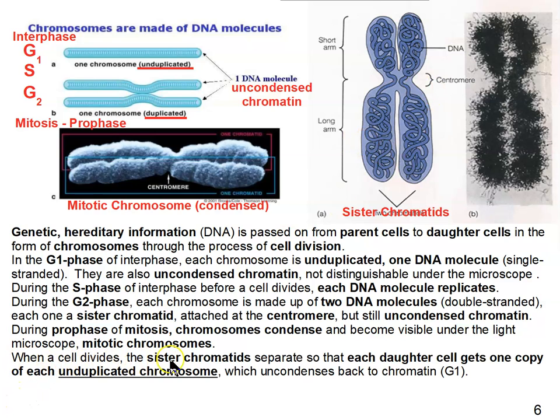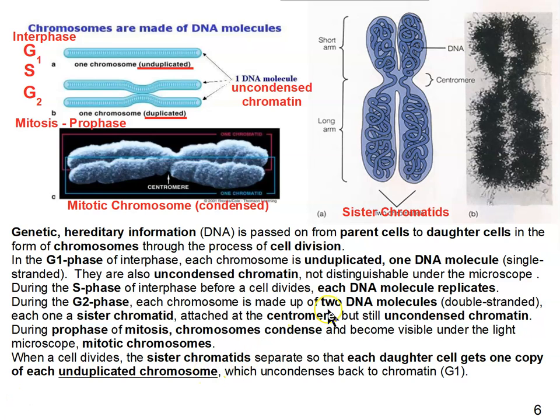So when a cell divides, the sister chromatids separate so that each daughter cell gets one copy of each unduplicated chromosome, which uncondenses back into chromatin. In other words, we go back to G1. So now all the DNA that's in that cell, the daughter cells, are going to be single-stranded, unduplicated, uncondensed chromatin.